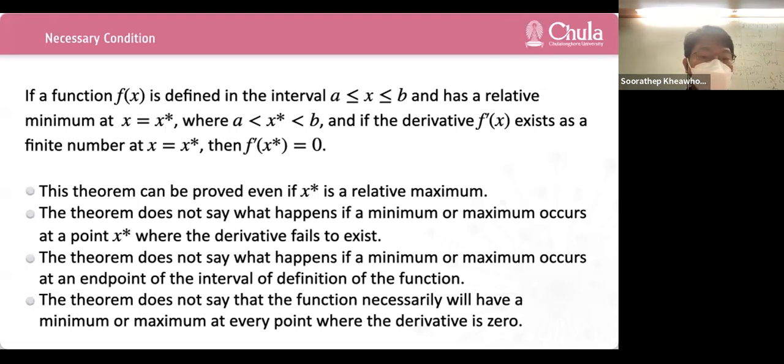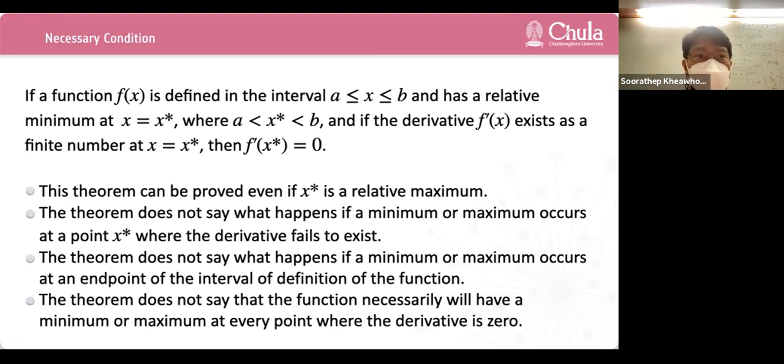Okay, but what we say here is, if x star is inside our interval of interest, and that x star is minimum or maximum, the derivative at that point must exist and must be 0. Okay, if and then. Okay, so this theorem can be proved, if x star is a relative maximum.